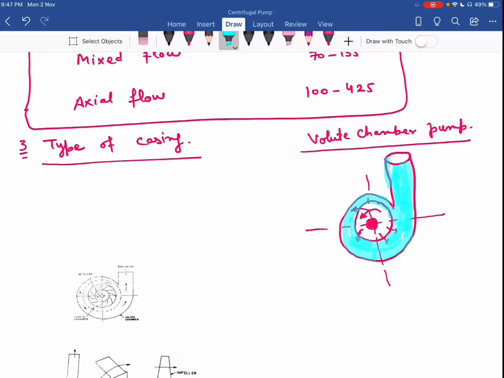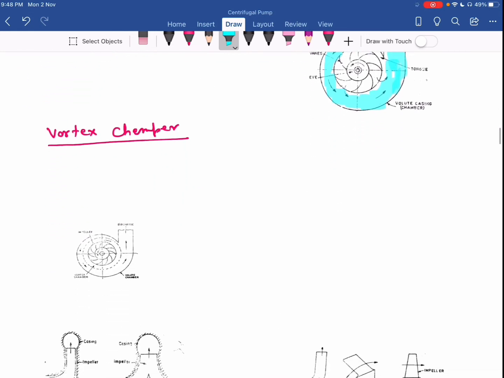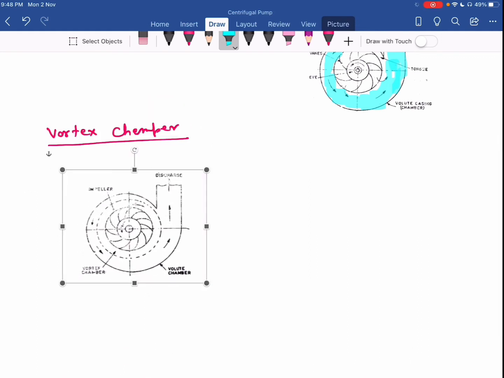Now, the next type is the vortex chamber. Now you can see this diagram.